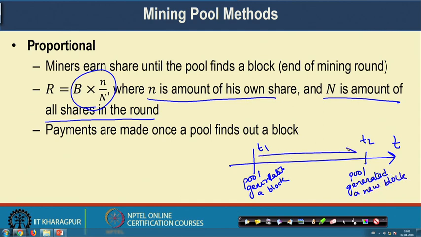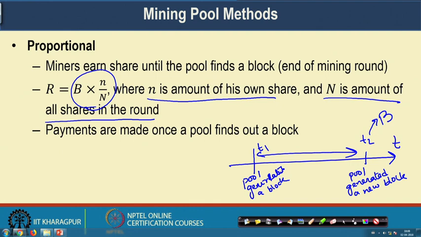So, within this time duration we compute these shares, and in proportion to that share the total mining reward is distributed. When the pool generates a new block, at this time the pool gets some reward B. This reward is distributed among individual miners in the pool.